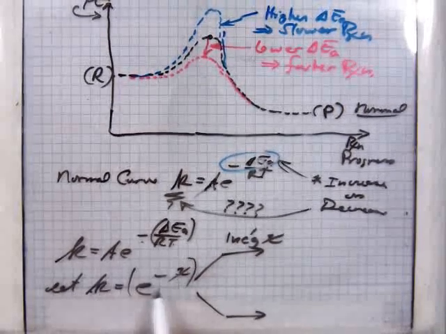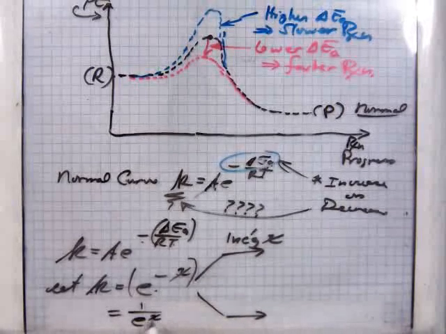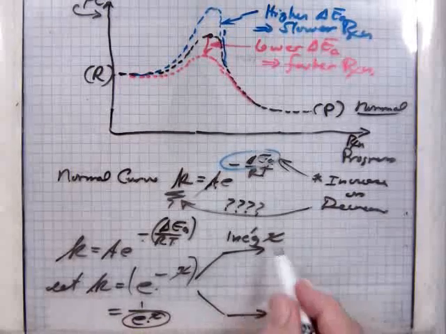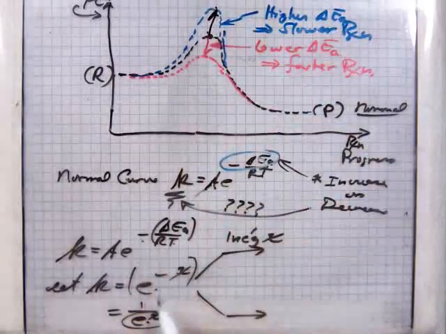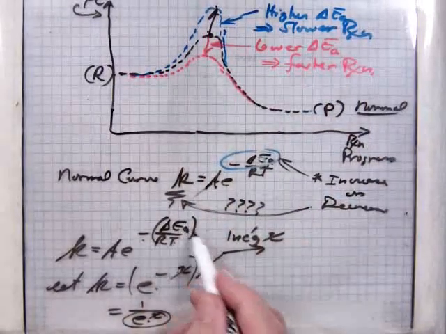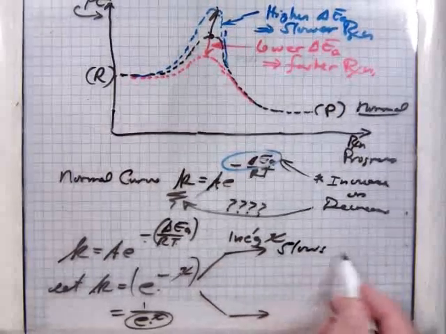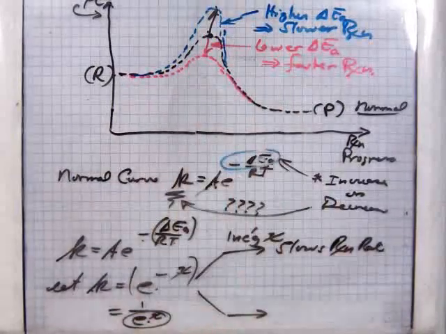Well, this is actually a 1 over e to the x, which is reciprocal. And so you're making this bigger. What happens to K? So if you increase the size in here by increasing this right here, increasing X, that slows reaction rate because it's making a higher hill.